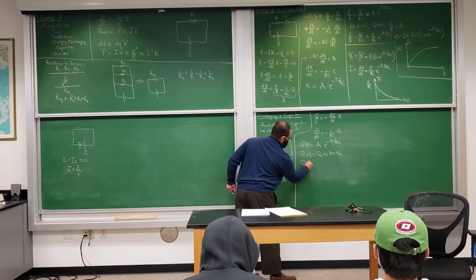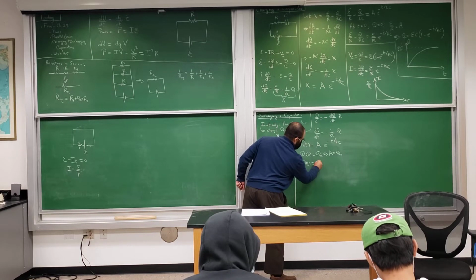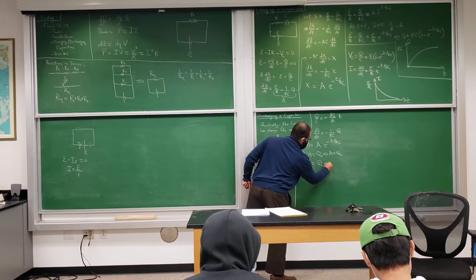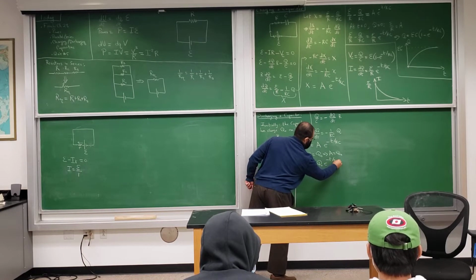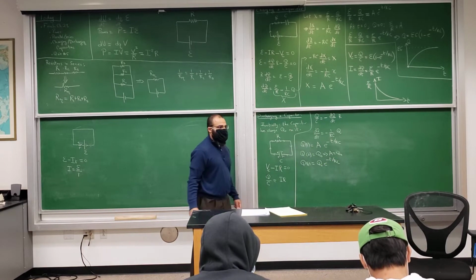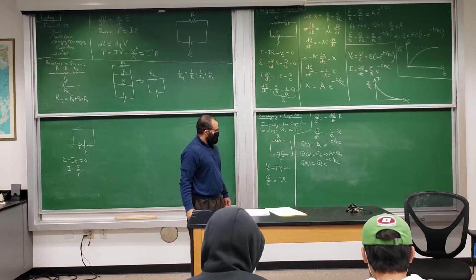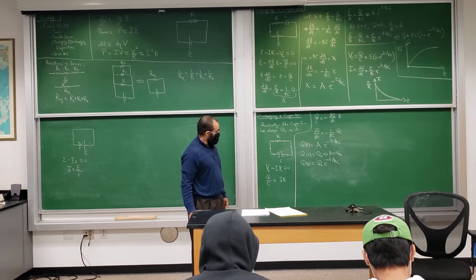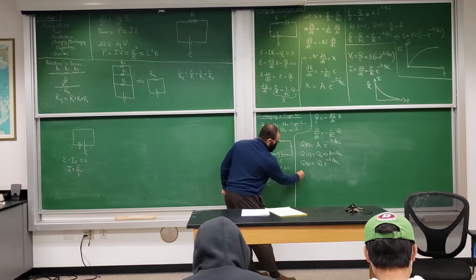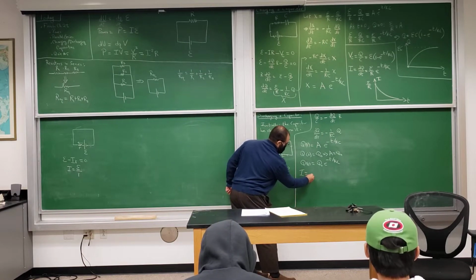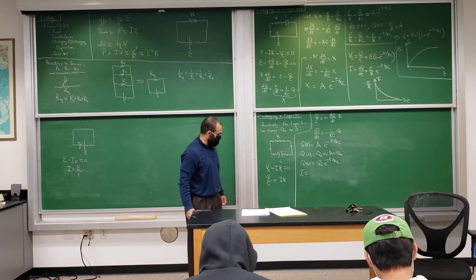Q as a function of time would be just Q0 e to the minus t over RC. What if I want the current as a function of time? The current, I of t. What did we say current is in this case?